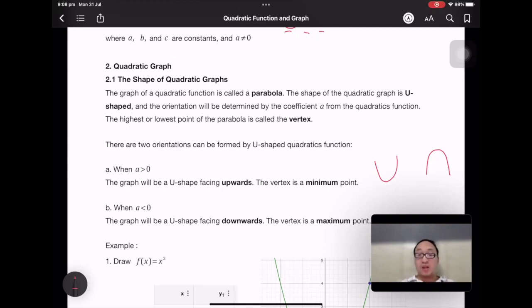We can know the shape of the quadratic function from the coefficient a. When a is greater than 0, we will have the quadratic graph facing upwards. And when a is smaller than 0, or negative, we will have the N-shaped or U-shaped parabola facing downwards.